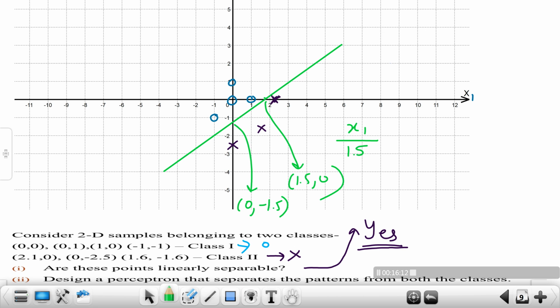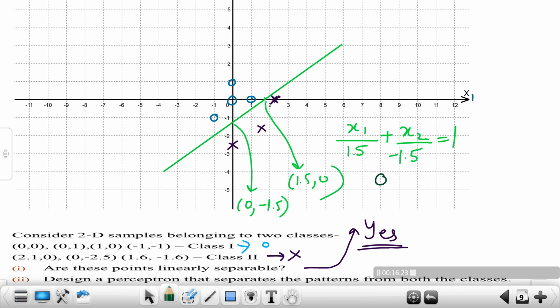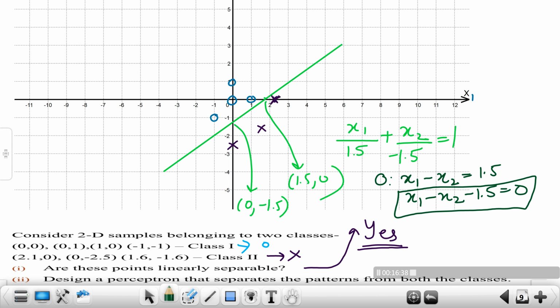So the equation will be x1 upon 1.5 plus x2 upon minus 1.5 is equal to 1. If you solve this further, I get x1 minus x2 equal to 1.5, which is nothing but x1 minus x2 minus 1.5 equal to 0. So this is the equation for the perceptron.